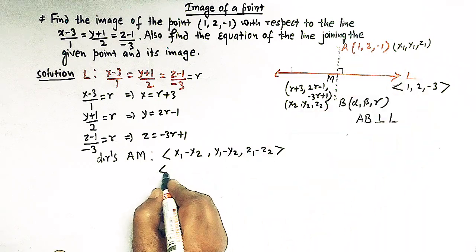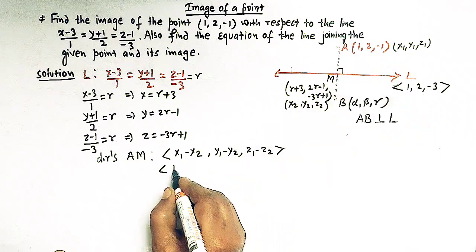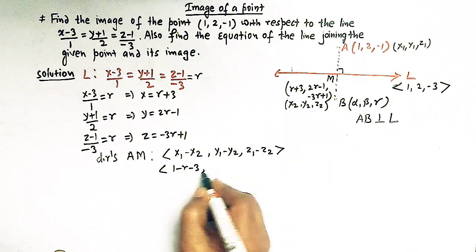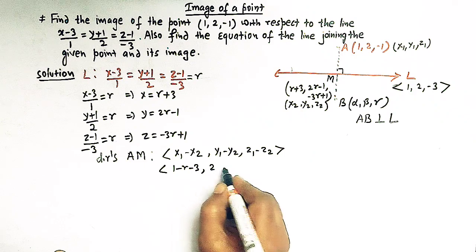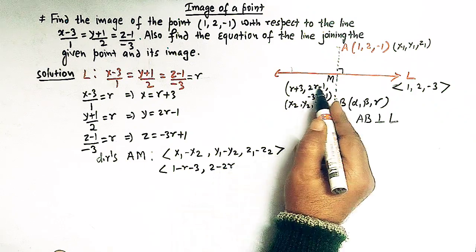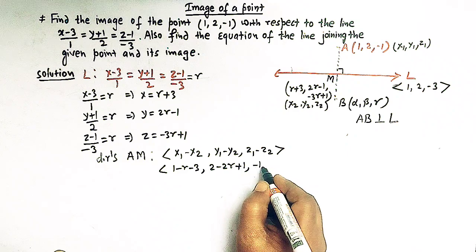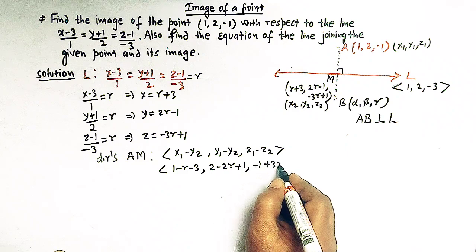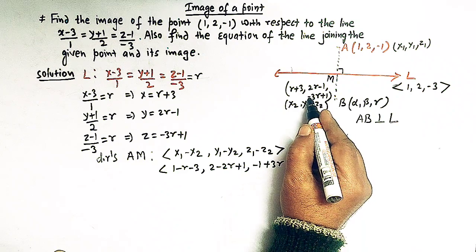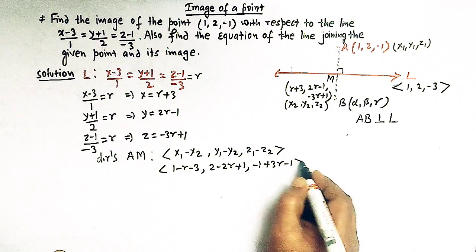So we have now 1 - R - 3, then 2 - 2R, and then plus 1, and then -1 + 3R. This becomes positive, and here we have -1.